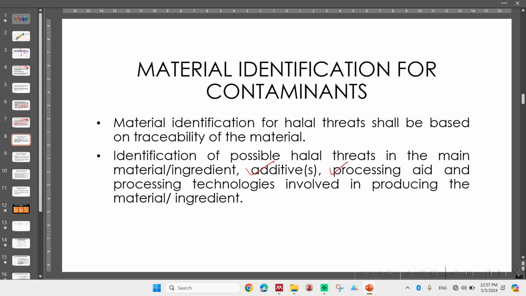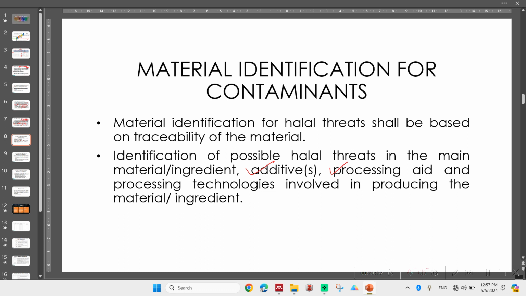We are not talking about halal threat on material in the ingredients alone, but also other supporting aids or processing aids. For example, you want to produce a bakery product, so you have your ingredients, your sugar, your salt, your flour, and so on and so forth. But have you taken that into consideration during the processing?